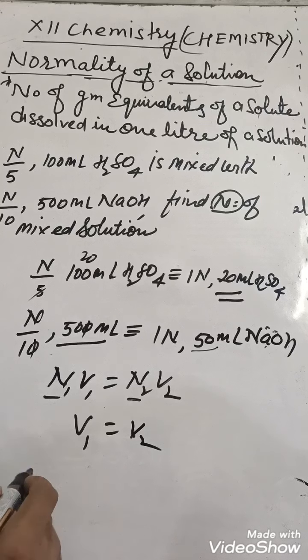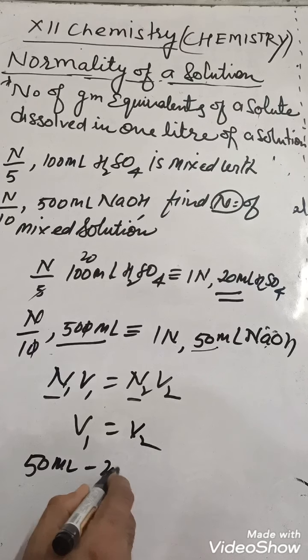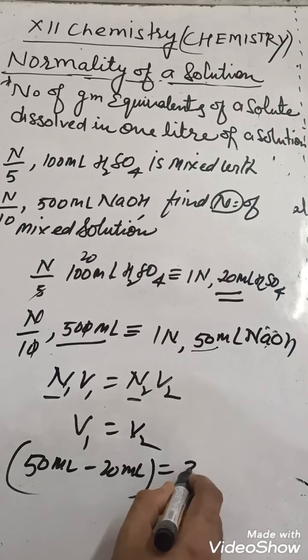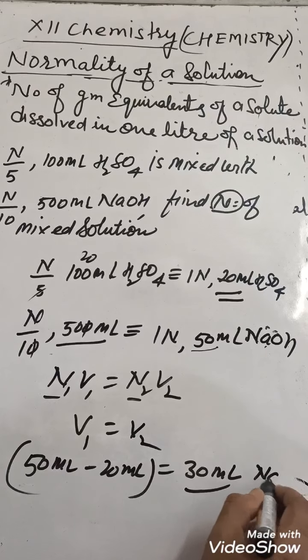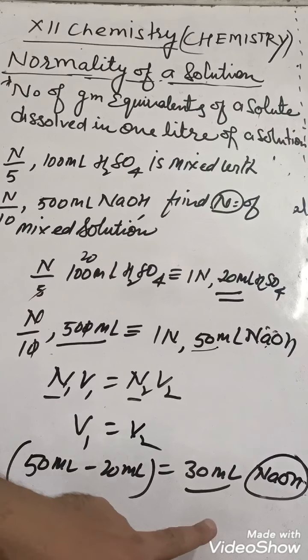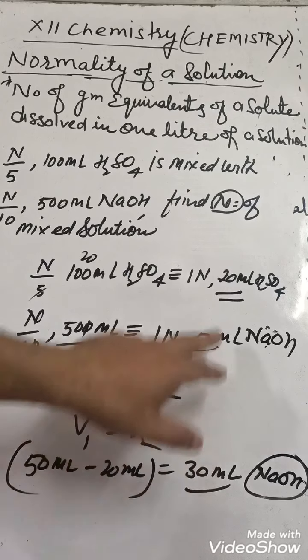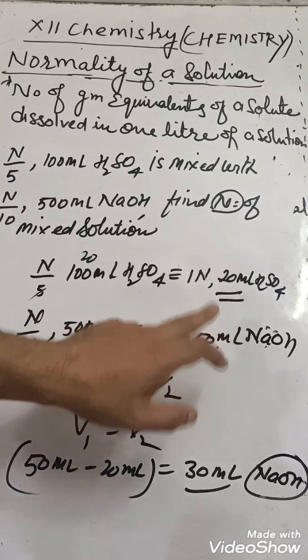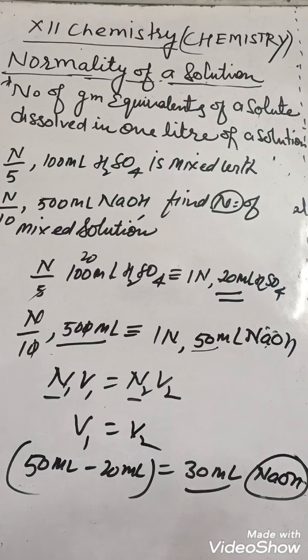So 50 ml minus 20 ml is equal to 30 ml NaOH left unreacted. Is that clear? So overall nature of solution is basic. Sulfuric acid is completely neutralized, but 30 ml NaOH is left.